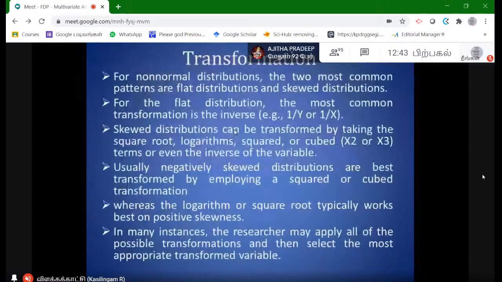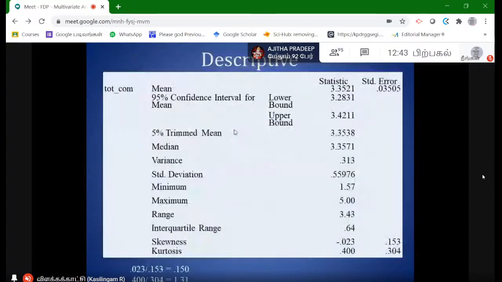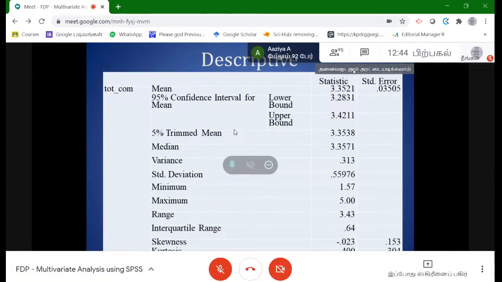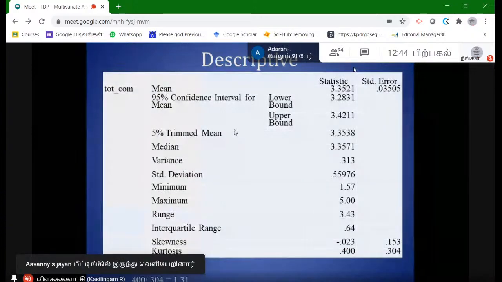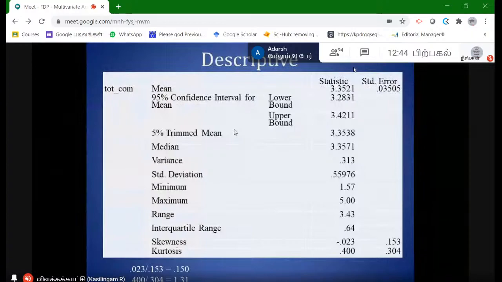So in that case, look at this one. Both our statistics tell the data is normal. So whichever you feel is convenient, you will get a good result in most cases. But both should be less than 1.96.